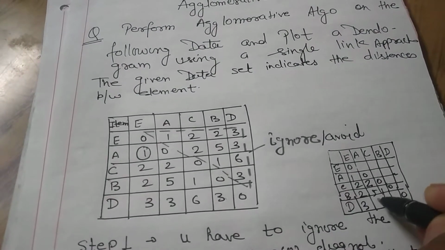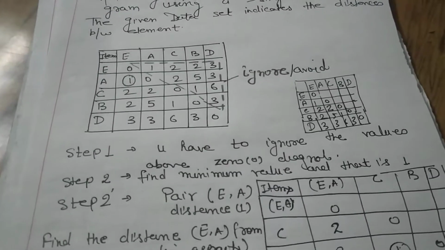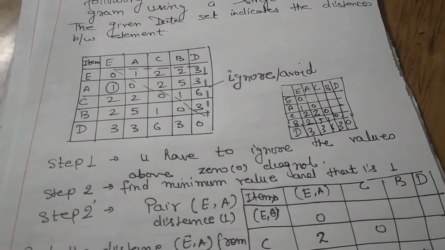Okay, and the second step: find the minimum value, and that is 1.